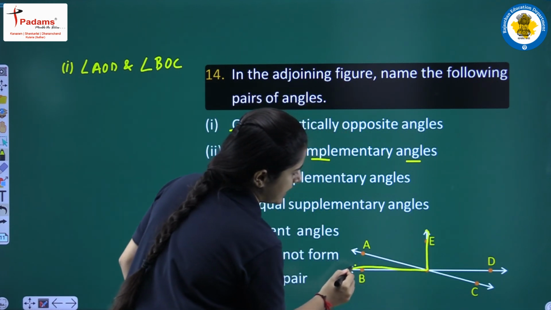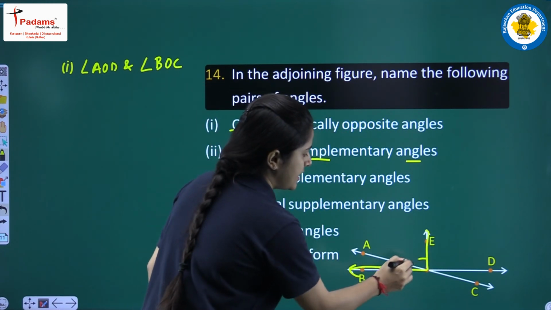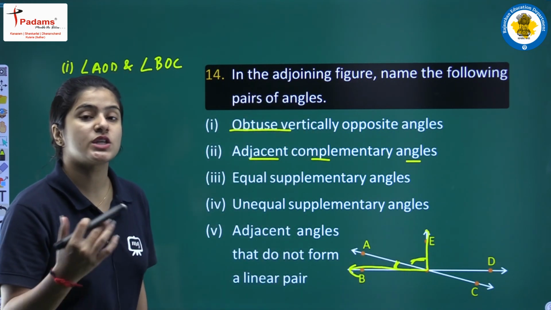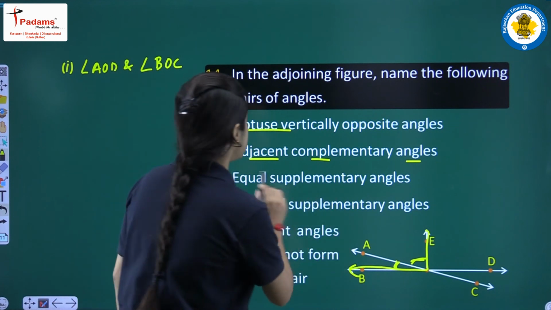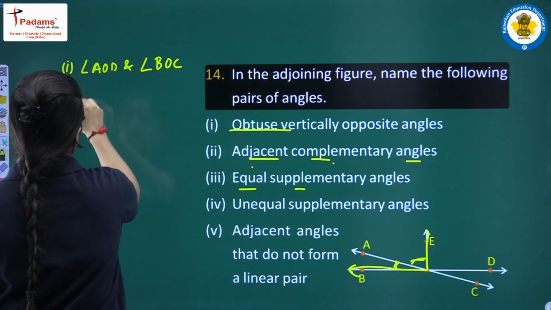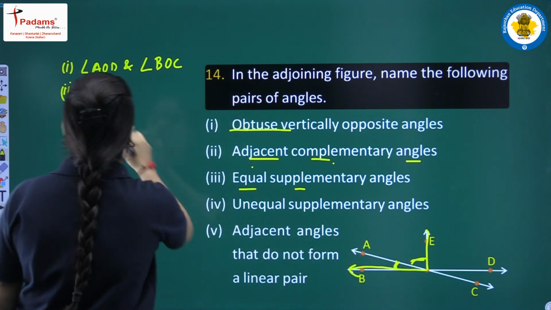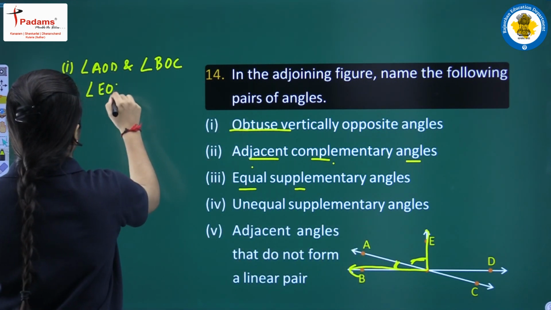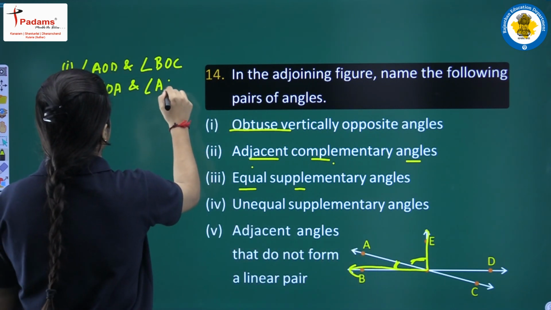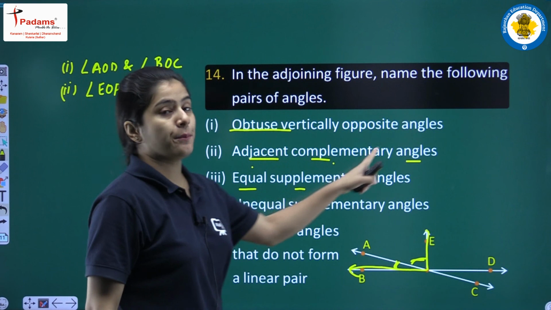This is 90 degrees, this is a right angle, and these two angles are adjacent and their sum is also 90 degrees. So the adjacent complementary angles are angle EOA and angle AOB. These are adjacent complementary angles.